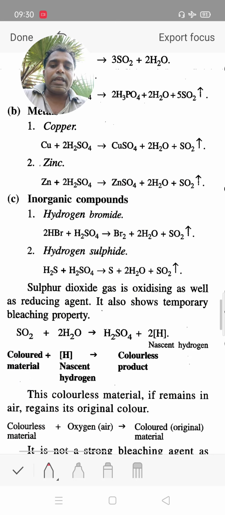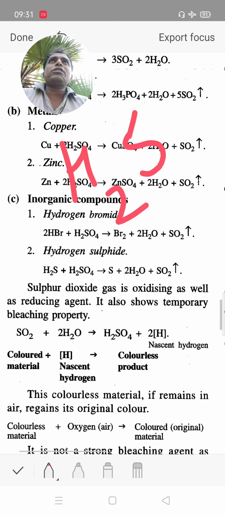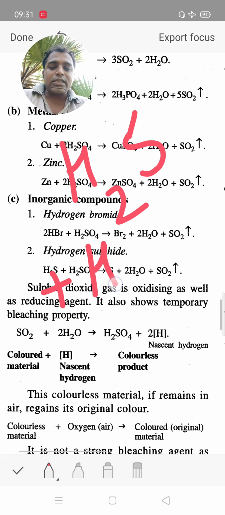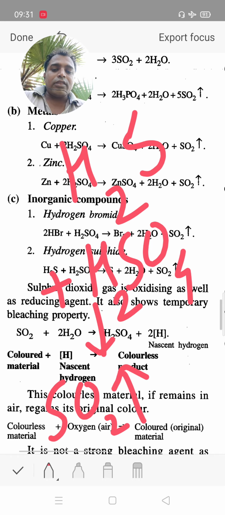Now a similar kind of reaction: sulfur dioxide evolves when hydrogen sulfide reacts with sulfuric acid.